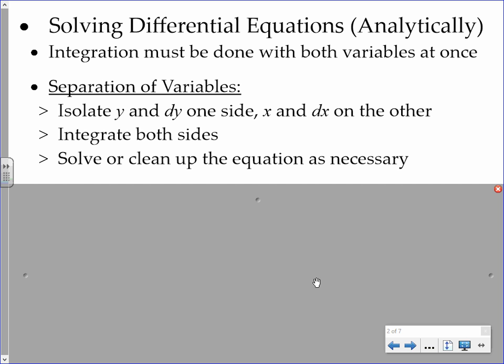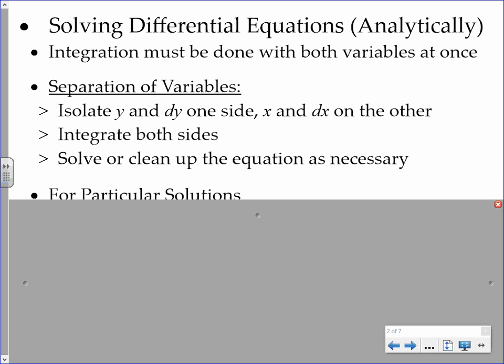Okay? Now, when I ask you for a general solution, this is what you're going to give me. Since we're integrating, there is going to be a plus c involved, right? However, if I give you a coordinate, we could find a particular solution. Like here is our derivative, and we know it goes through the point 1, 2.